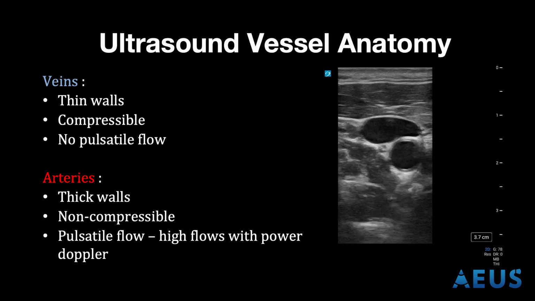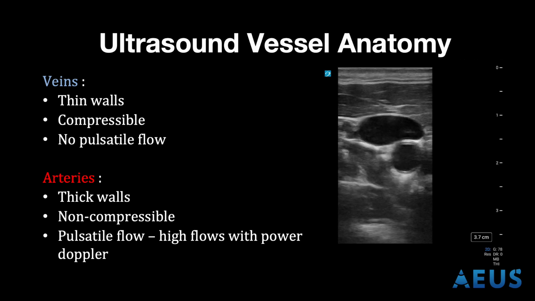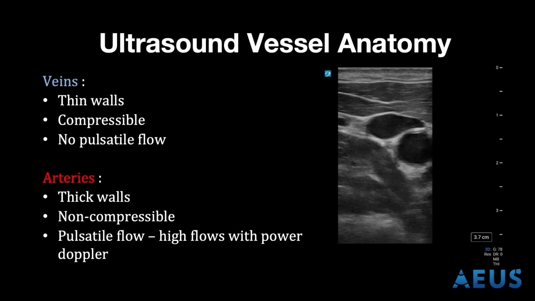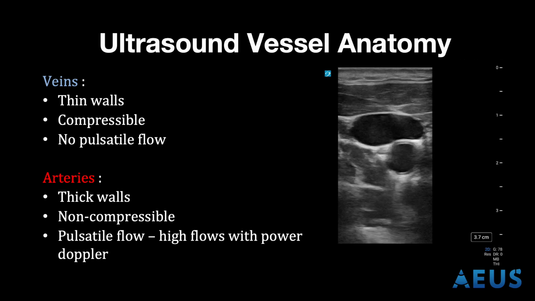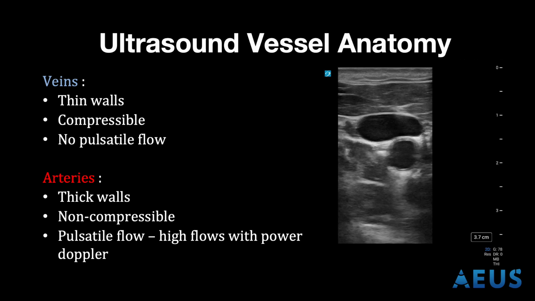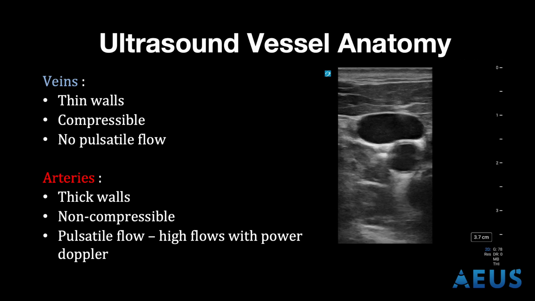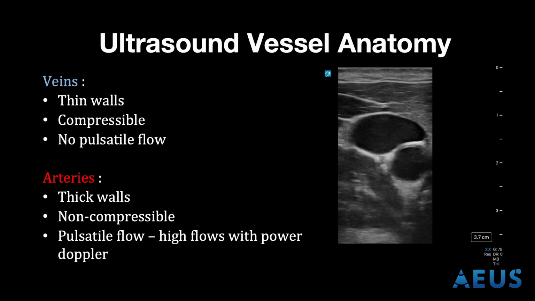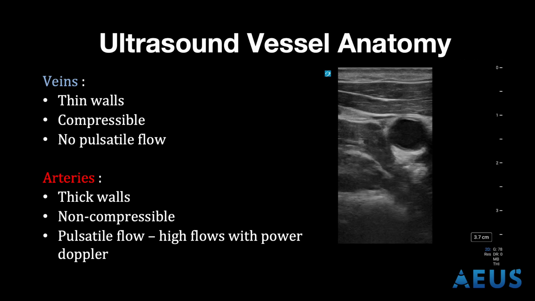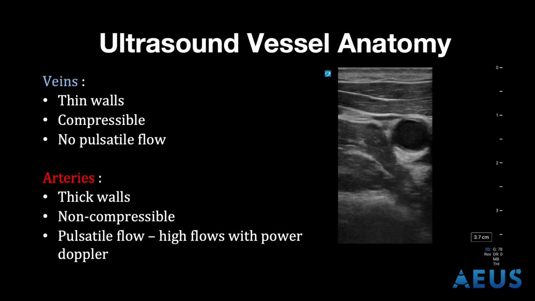In the normal state, they will have no pulsatile flow associated with them under color. Arteries, on the other hand, are usually thick-walled structures that are round and not irregular and are non-compressible except for under the most extreme amount of pressure. Arteries will demonstrate pulsatile flow, and those flows will generally be higher as detected in any sort of Doppler.